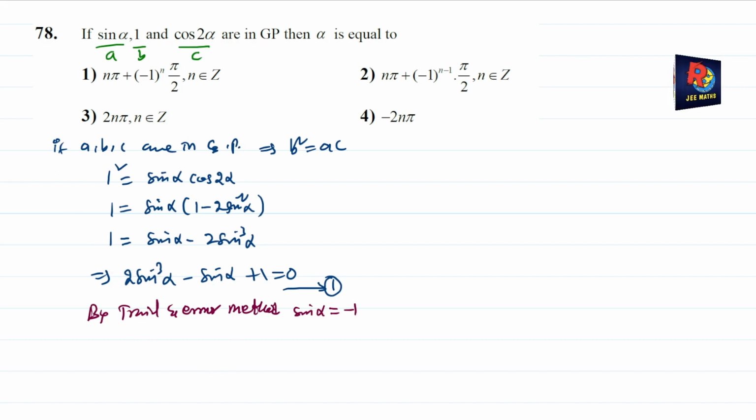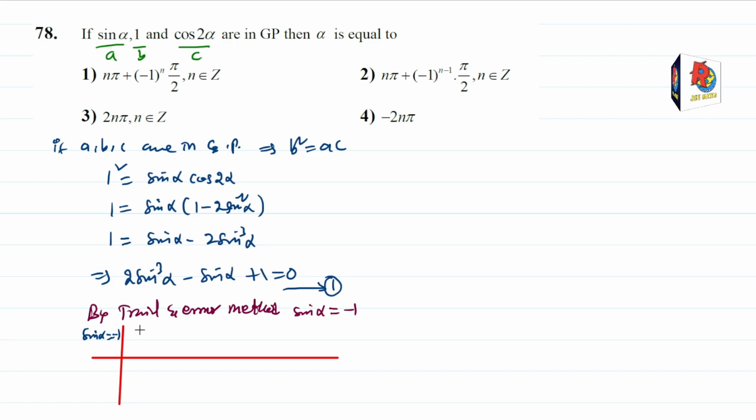Therefore, we need to use Horner's method. Using Horner's method, sin alpha value equals minus 1. We need to take minus 1 only, because by trial and error method we got minus 1 only.